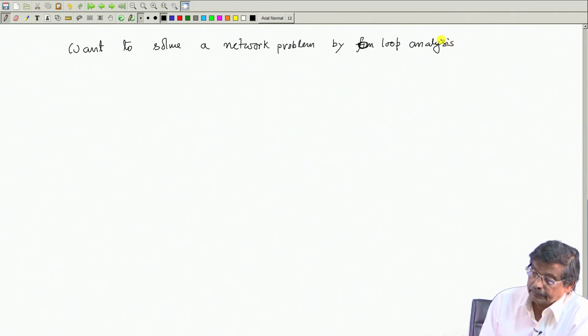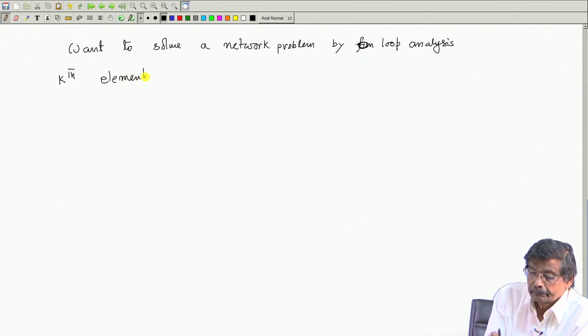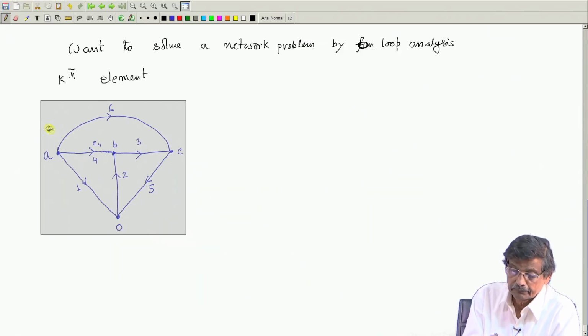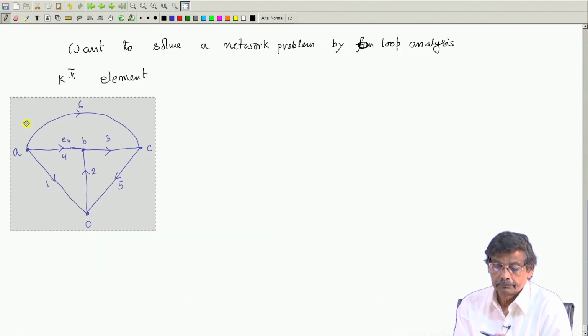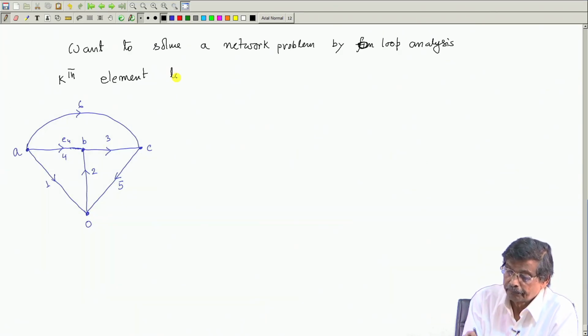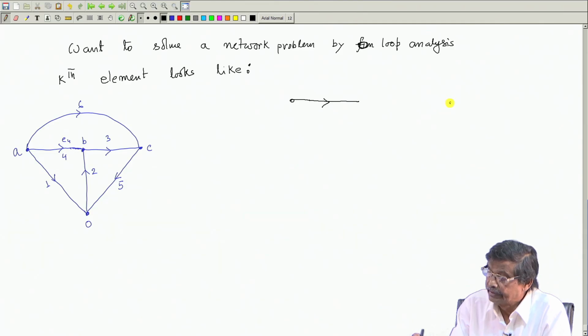First, a general kth element looks like this: if the arrow is given like this, between two nodes an element exists.